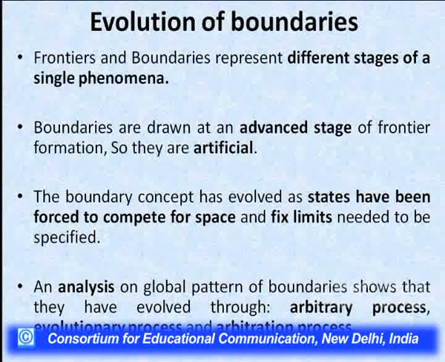By analyzing this, we can say that boundaries on a global level have evolved by three basic processes: either by arbitrary process, or by evolutionary process, or by arbitration process. Arbitrary is basically when there is an agreement between two parties. Evolutionary means when it has evolved slowly, and arbitration when there is any law or treaty in between.